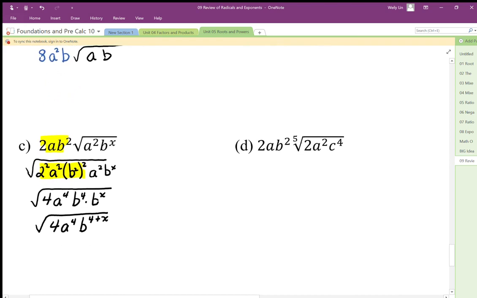So again, on the outside it shows up as 2ab squared. On the inside we have to power it up by 5. So outside is like that, so inside it needs to be the power 5. And vice versa when we take it in and out. So these terms here are going to show up inside the fifth root, and they're going to show up as fifth powers.